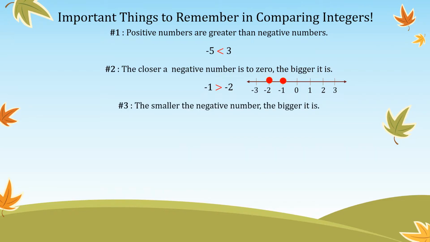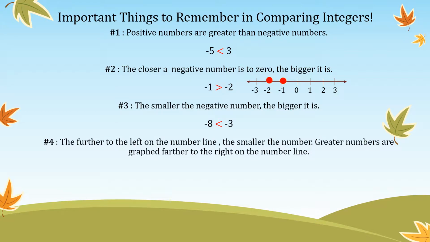Third, the smaller the negative number, the bigger it is. Example, -8 is less than -3. Obviously, -3 is the bigger number than -8. Fourth, the further to the left on the number line, the smaller the number.